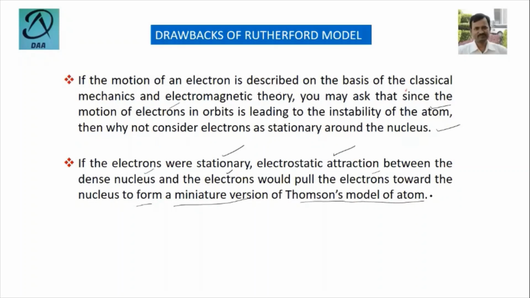When we described Thomson's model, we saw that the positive charge is spread out, and if you consider the atom like a watermelon, the electrons are moving inside like the seeds. If the electrons are stationary, they will be pulled by the dense nucleus, and it will be the same as Thomson's model of the atom.